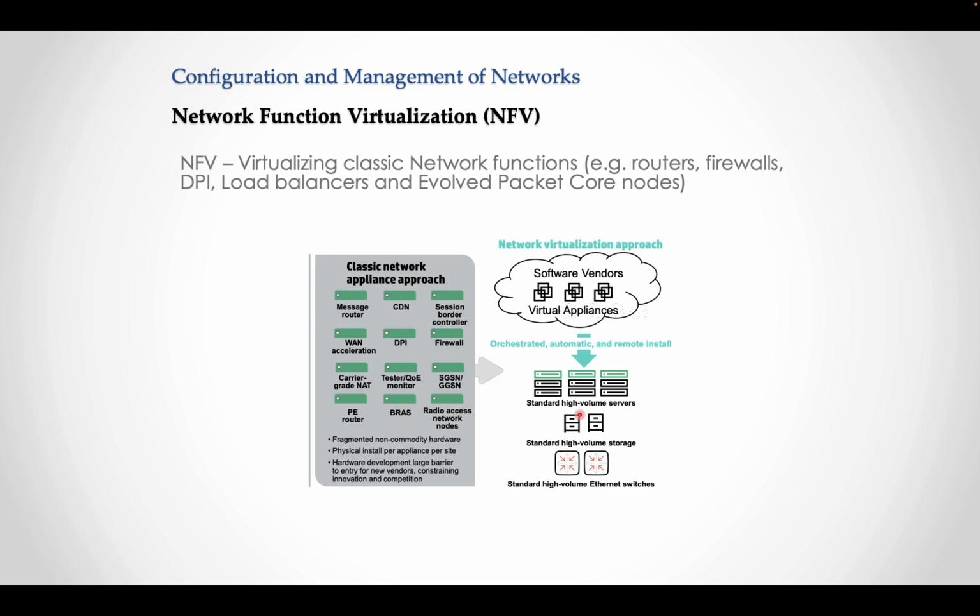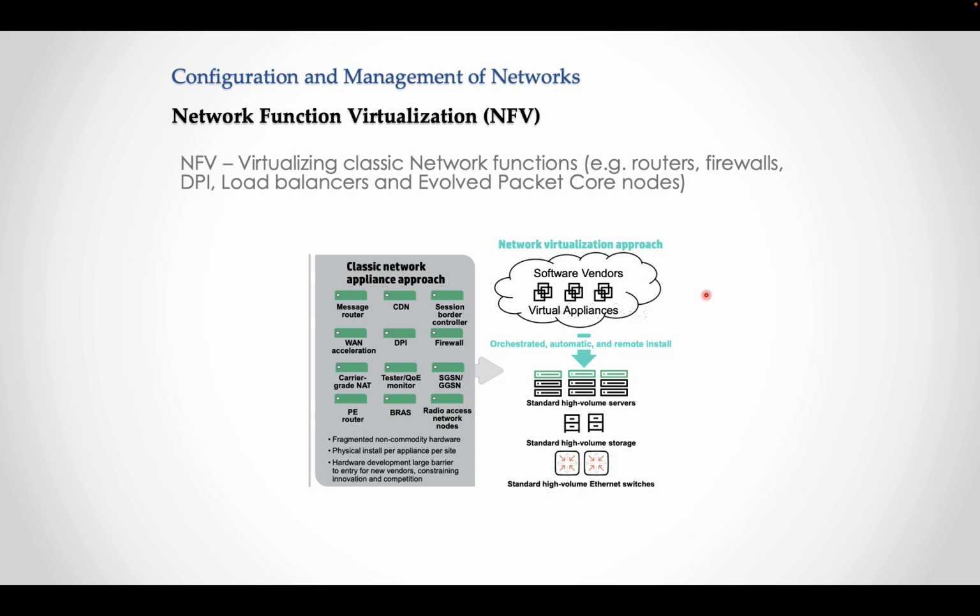Of course, I always need to have physical switches and routers, because those servers have to be physically connected to each other. Okay, so I'm always going to need physical routers and switches. But for example, firewalls, not so much, or deep packet inspectors or load balancers.